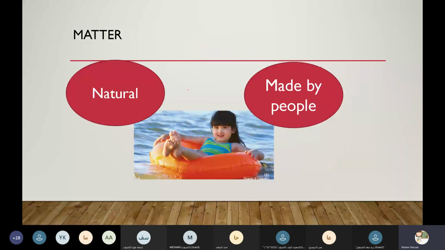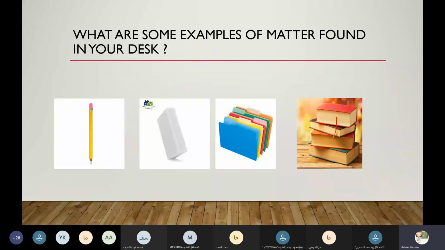Okay, can you tell me, yes, Qusay. Can you give me one example of the matter found in your desk? Only one. In your desk.